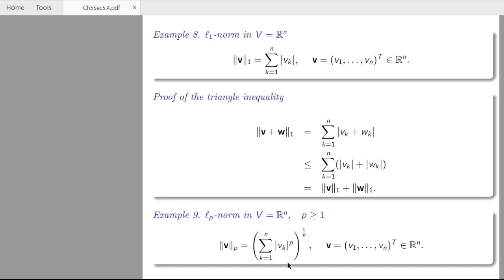So from this, we can say it is called L1 because the p here equals 1, and the next one is for p equals 2. Here is a more general case beyond the example of the L1 norm: the Lp norm. All right, that's all for today.